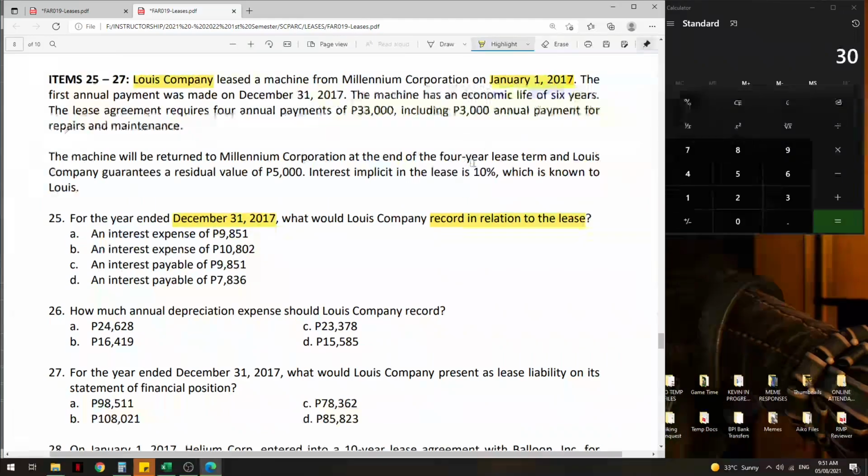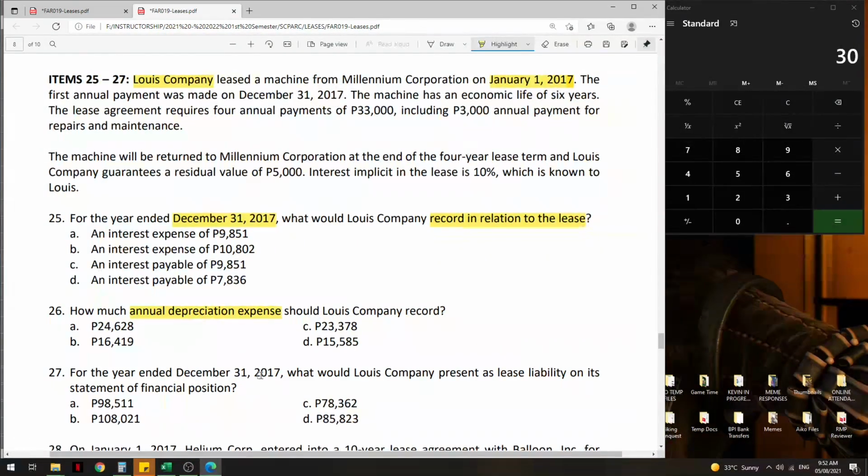Because frankly speaking, I know this is lessee because look at the options. Interest expense, interest payable. And we know that expense is on the side of the lessee. So, number 25 gives us a conclusive hint na lessee accounting po ang tinatanong dito. Number 26 only adds to that presumption because it's also asking for annual depreciation expense that Lewis should record.